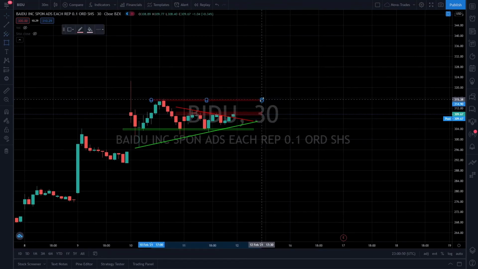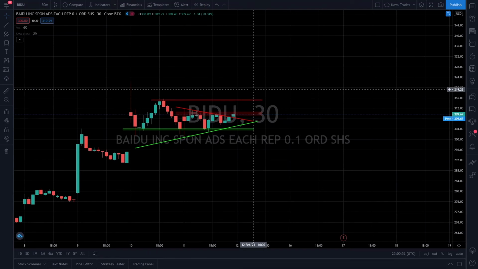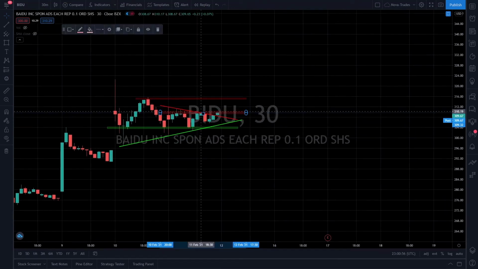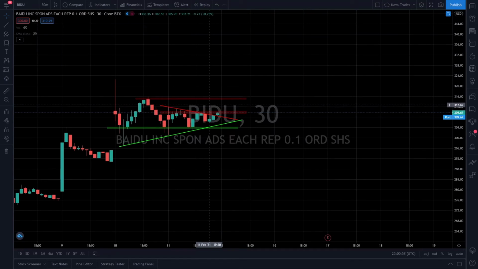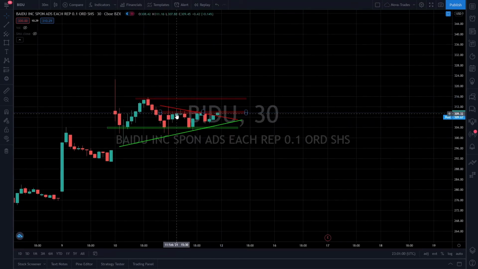So back to the point I was making, if you were trading this solely off of trend lines, you might not notice that it's at a resistance right now.